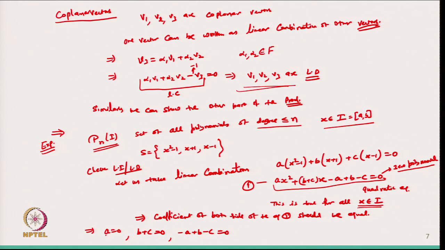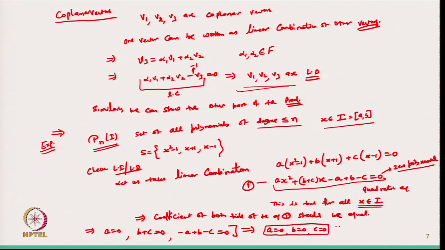So, I have taken from here that a is 0. If I put a equal to 0 here, then b plus c and b minus c are both 0. So, it is very easy to check that in this case a will be 0, b will be 0 and c will be 0. So, all these values will be 0.